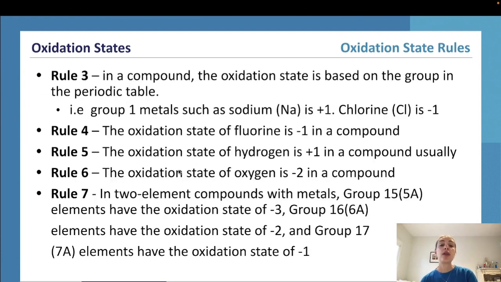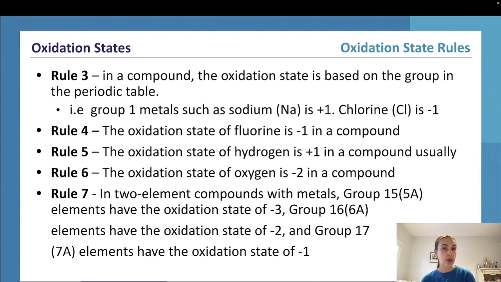But the oxidation state of oxygen is -2 in a compound. So for example, combining rule 5 and rule 6, if we were to have water, which is H2O, the oxidation states of hydrogen, each one is going to be +1.